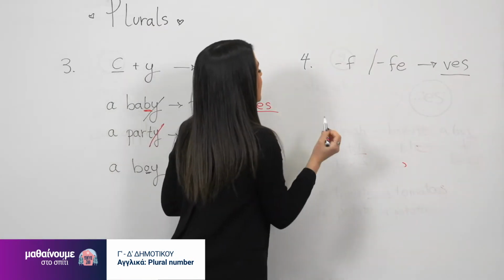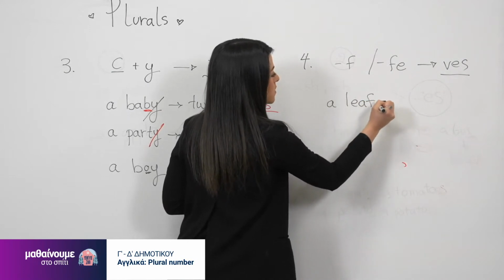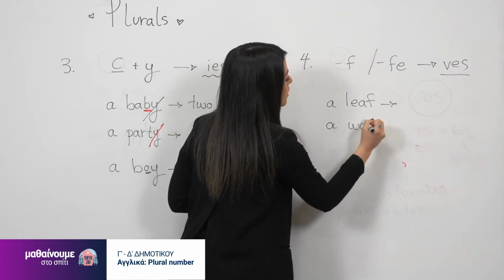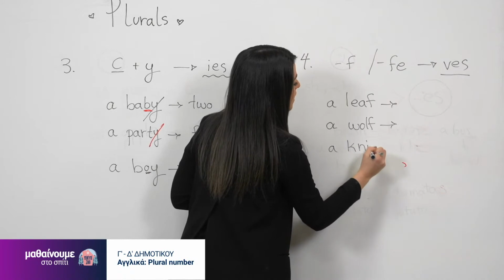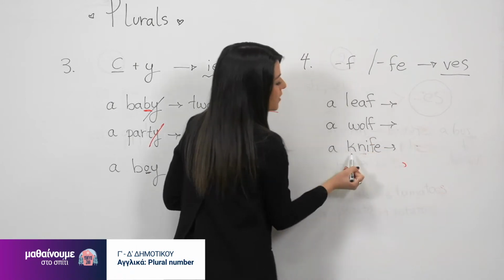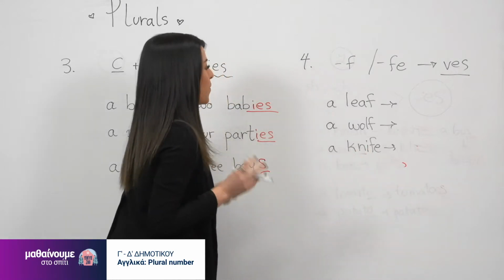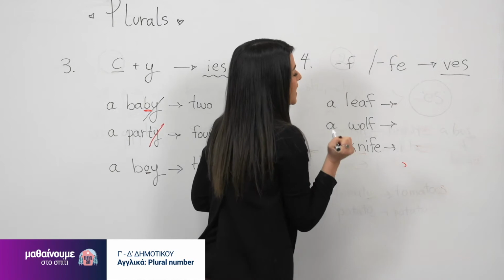For example, let's say a leaf, or a wolf, or a knife. Remember here, we don't pronounce the K, it's knife, not knife. So what happens here? We take out the F again, and we put VES.